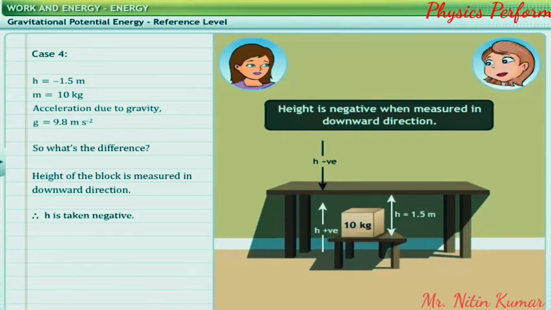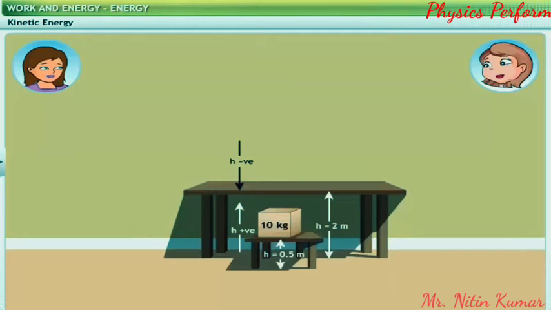We can obtain the value of gravitational potential energy of the block, in this case, by substituting the values of mass, acceleration due to gravity, and height of the block in the expression PE = mgh. The height in this case being negative, the gravitational potential energy of the block in this case is minus 147 joule.